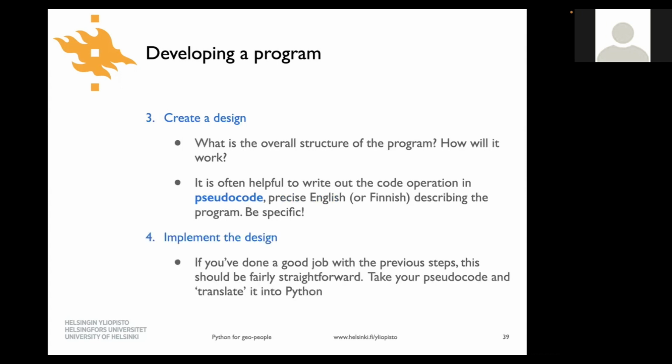And then I can move to the next step, which is to implement the design. This is the stage where I take the script I've just produced, my list of things I want to do, and convert that into Python. I take my first step of inputting the temperature and convert it into Python, where maybe I use the input function to ask the user for a temperature in Celsius. Then I have my conversion.